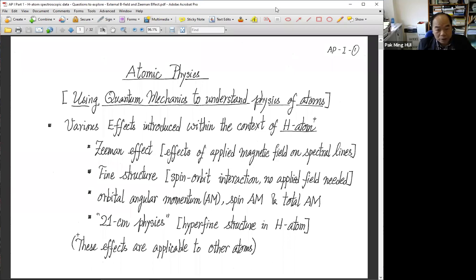So in the meantime, let me motivate what we are going to do in the module of physics of atoms. As I introduced in the first meeting, our course is much like a course about the physics of matter. By matter, we mean atoms, molecules, solids, or even nuclei. So now we are ready to start our journey into the physics of atoms.